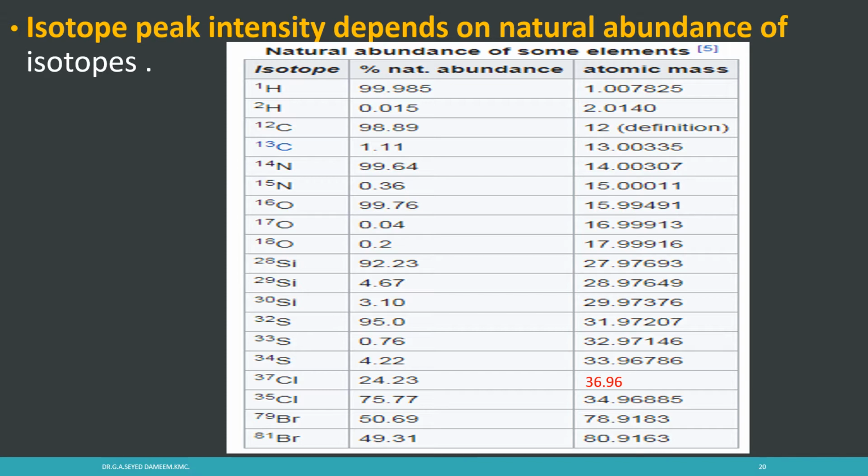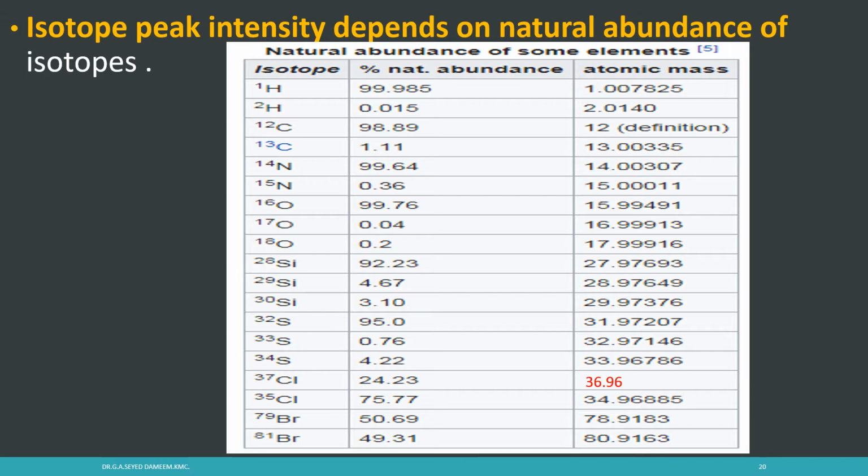This slide shows the natural existence of isotopes of various elements. For example, H-1 exists at 99.9 percent, but its isotope H-2 exists at 0.15 percent, a very small percentage. Similarly, carbon-12 exists at 98.89 percent, but its isotope carbon-13 exists at 1.11 percent.